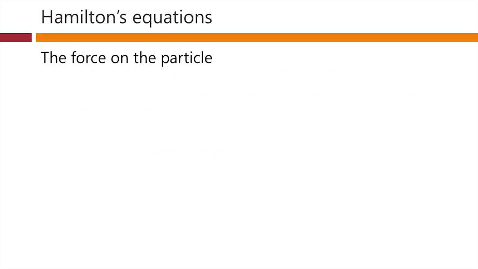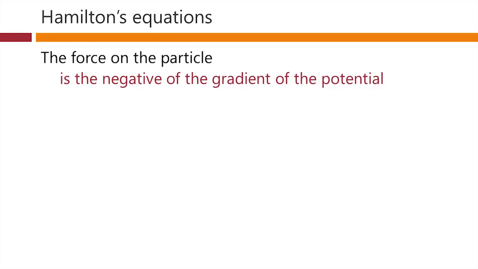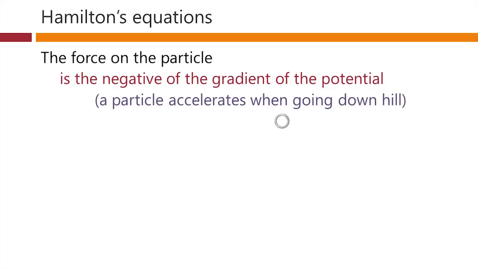The force on the particle is just the negative of the gradient of the potential. That is, a particle accelerates when it's going downhill. So the force on the particle is the negative of the gradient of the potential because downhill is a negative gradient.